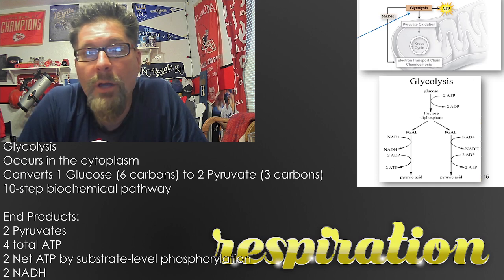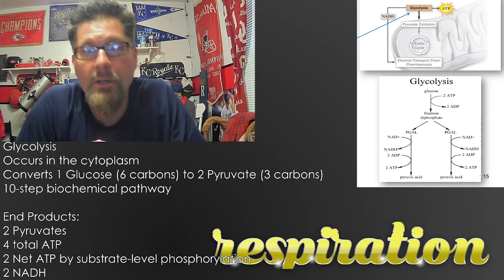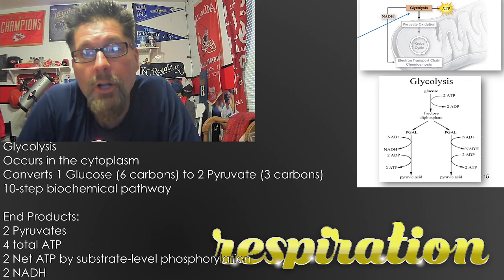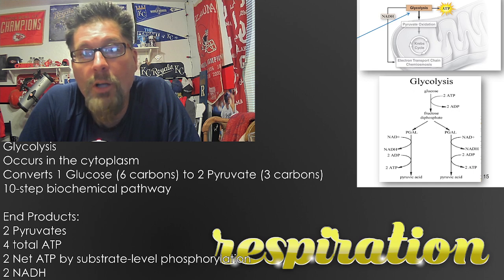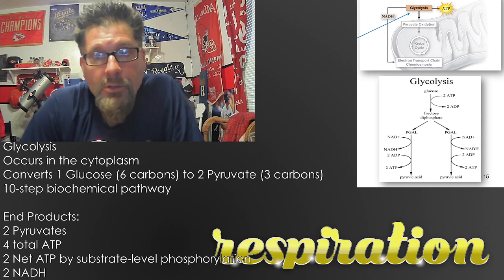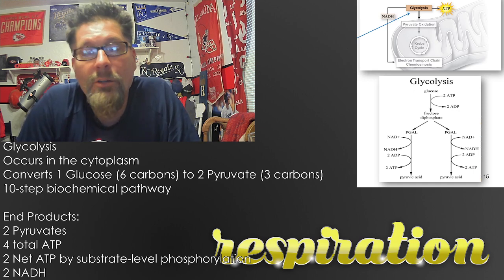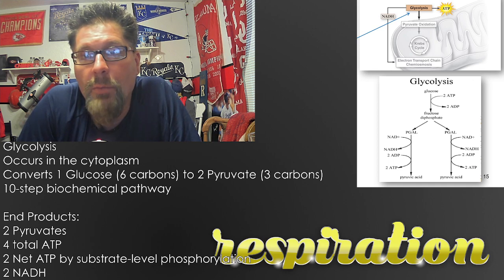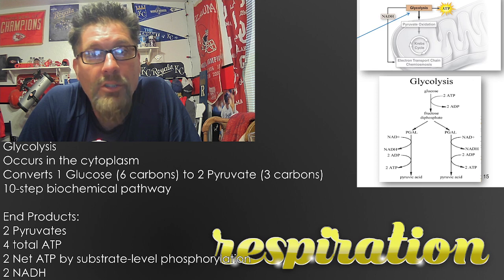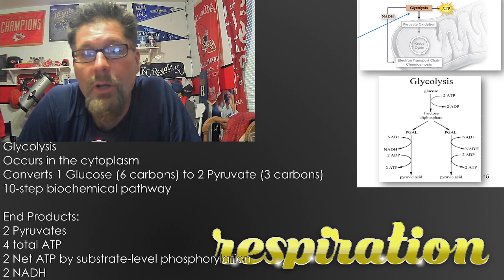But other end products, besides the 2 pyruvates, there's going to be 4 total ATP made. It's got 2 net ATP because we're going to use 2 to get the whole process started. So we're going to use 2, we're going to make 4, for a net of 2. And then we're also going to have 2 NADHs. We're going to see our first look at those electron carriers. Basically, two friends are going to come along and get 2 truckloads full of your stuff to help you move.